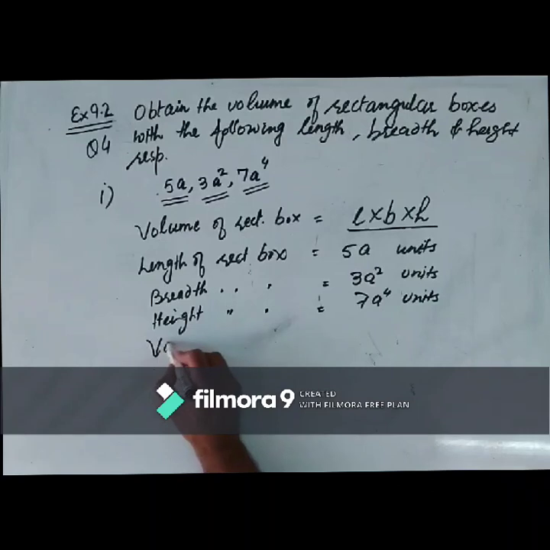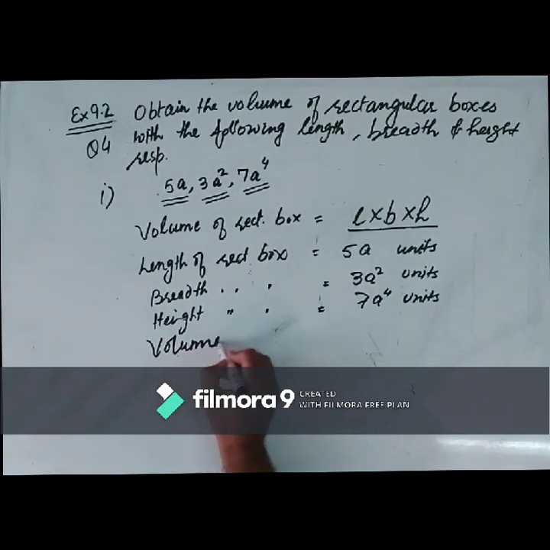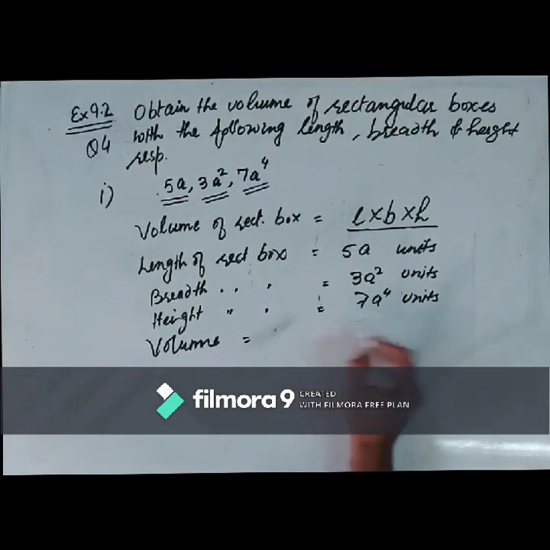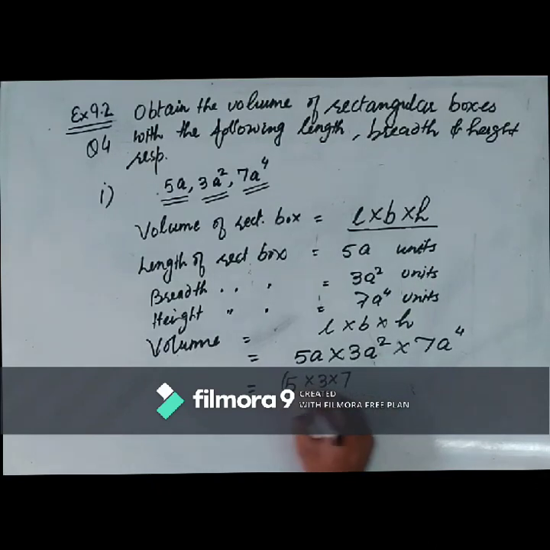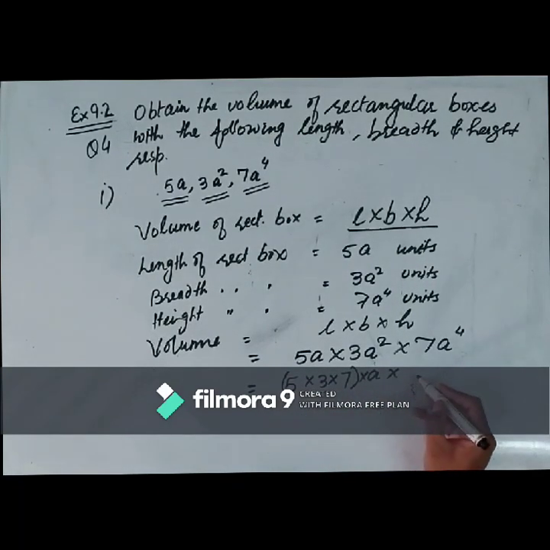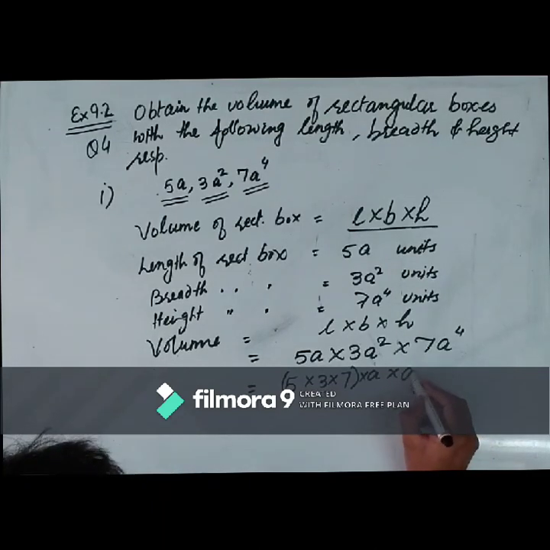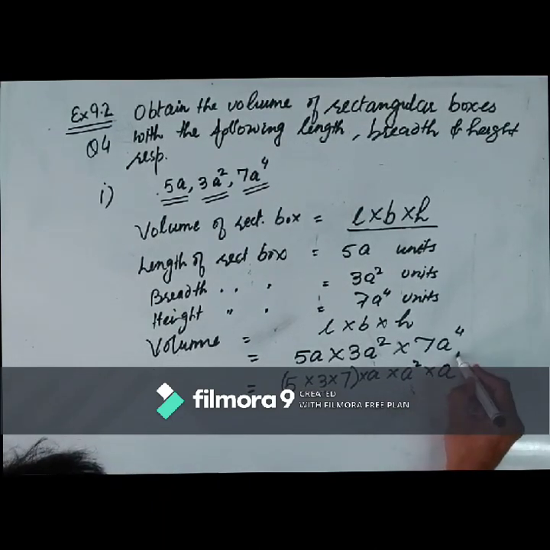So now the volume is basically the multiplication of all these three, that is length into breadth into height. That means this is 5a into 3a square into 7a raised to power 4. So all in all we have here 5 into 3 into 7, and a into a square into a raised to power 4.